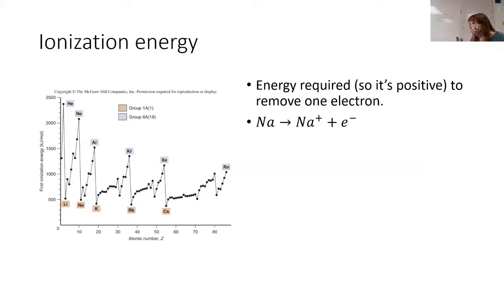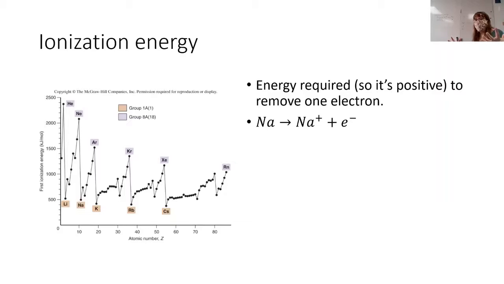The easiest things to remove an electron from are our alkali metals. If you go back and look at this video, there's a graph here, and all of the alkali metals are in the bottom places on the graph, because they have very low ionization energy. They're also the largest atoms, so those outside electrons are farthest away from the nucleus.